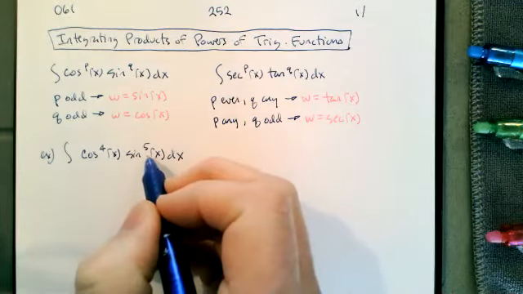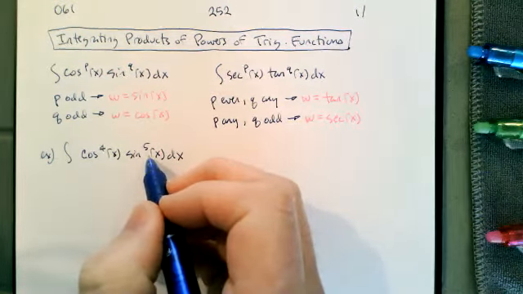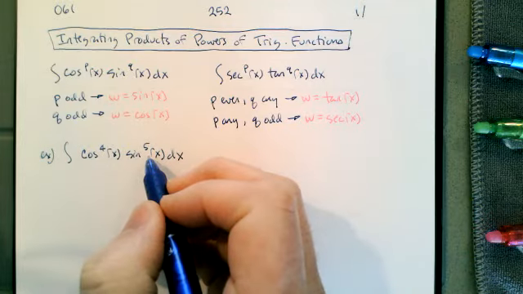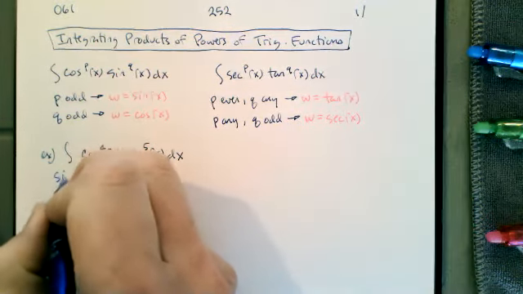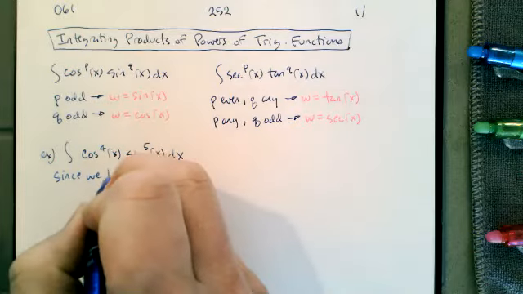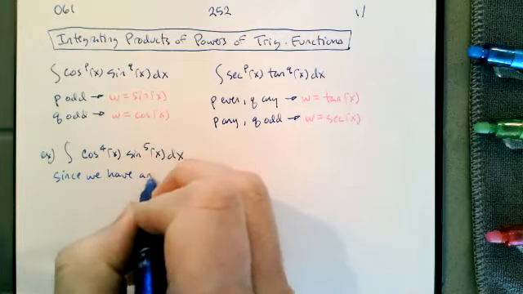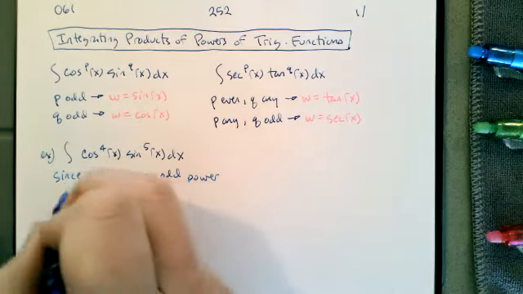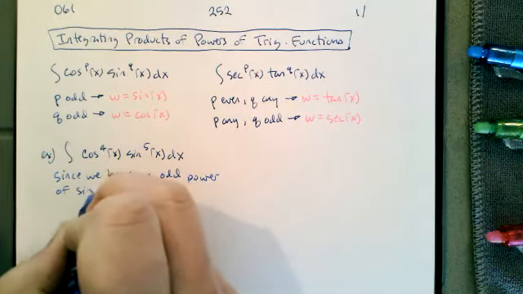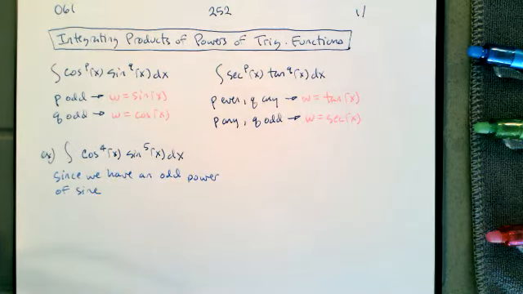Since we have an odd power of sine, that's where we're going to get our dw, so we'll make w cosine.